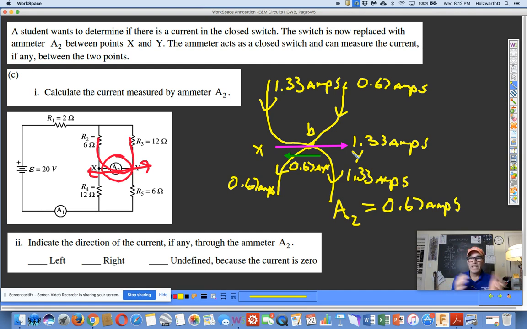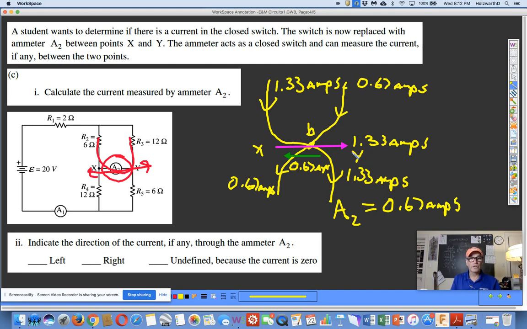It's like taking three 1.5 volt batteries and adding them to get 4.5. But if you reverse the polarity of one, you subtract 1.5 and get 1.5. The 1.33 is greater than the 0.67 in the other direction, so the net current direction will be X to Y.